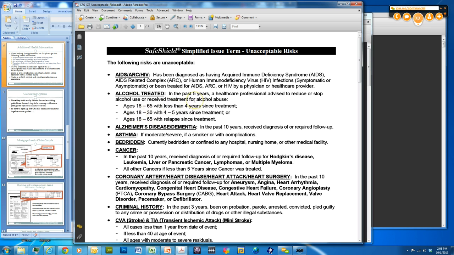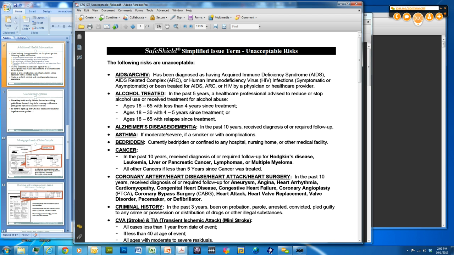Again, these are all unacceptable risks, so if they're within these parameters, they can't get the product. Alzheimer's disease, dementia, asthma, if moderate to severe, then you can't get it. If it's mild asthma, then they can get into it. What's the determination? Moderate to severe asthma typically means that they've probably been in the hospital.